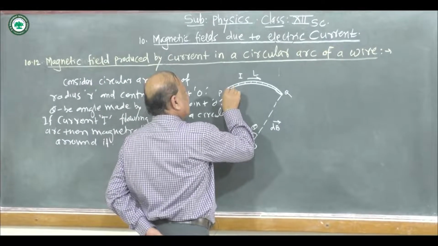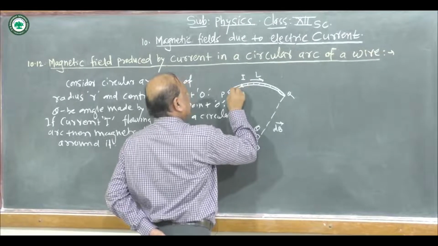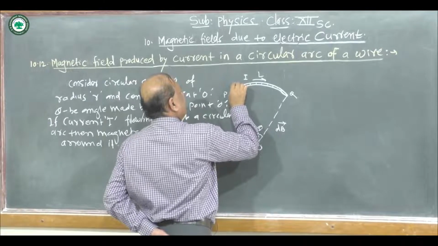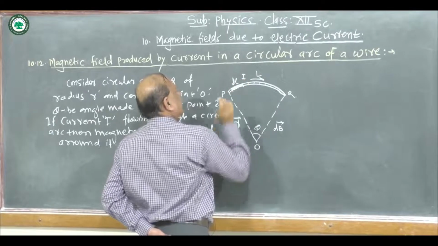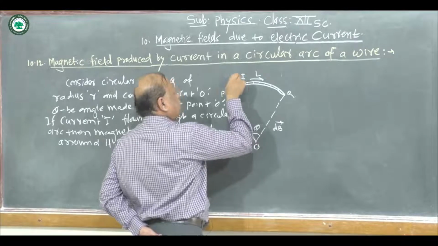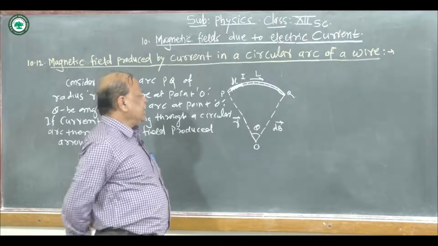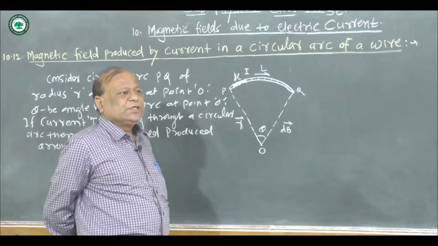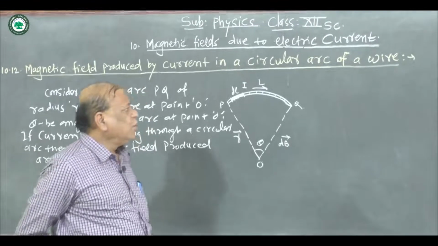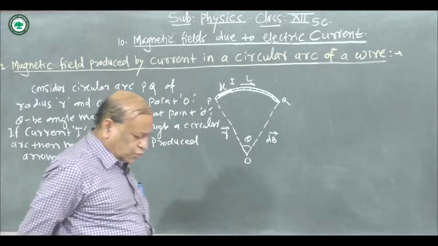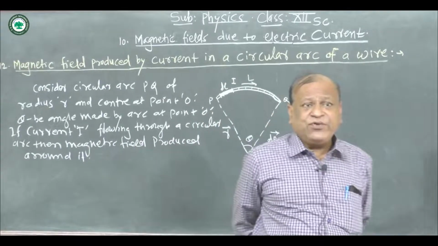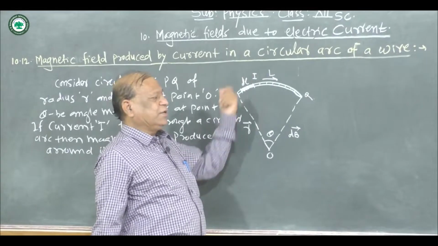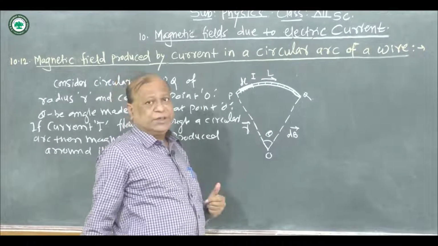Consider, for simplicity, a small element dl of length dl, which is at a distance r from the center point O. First we have to find the magnetic field produced by this small element dl, which is dB.